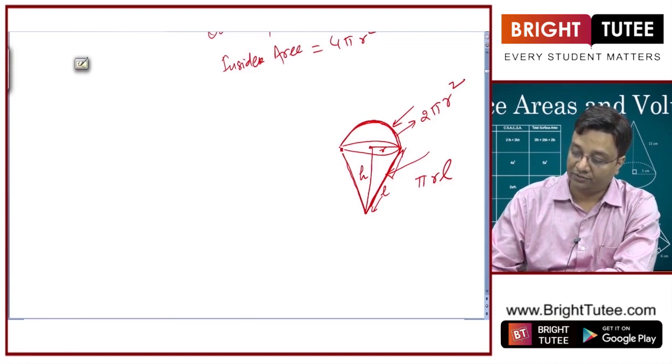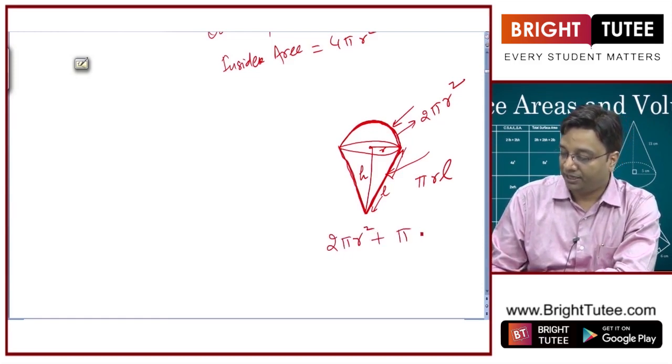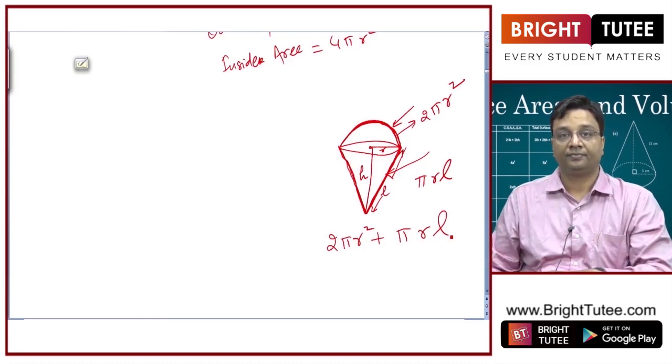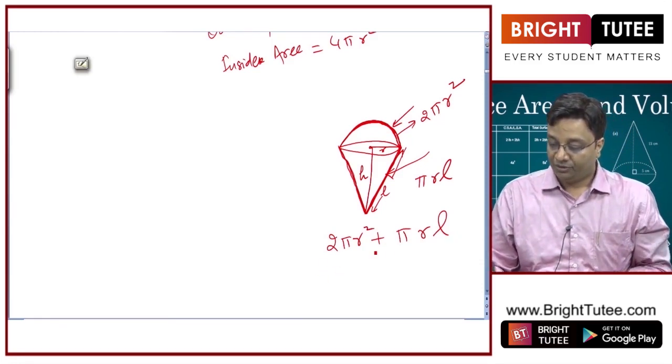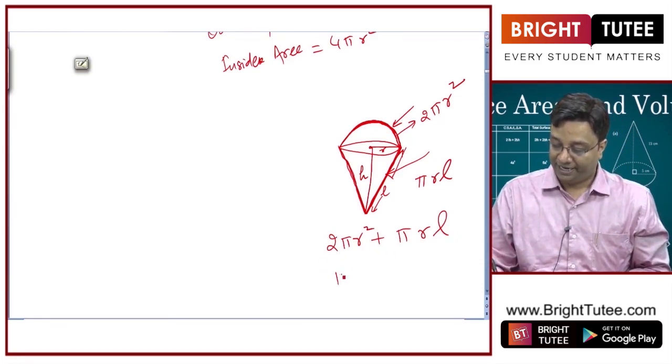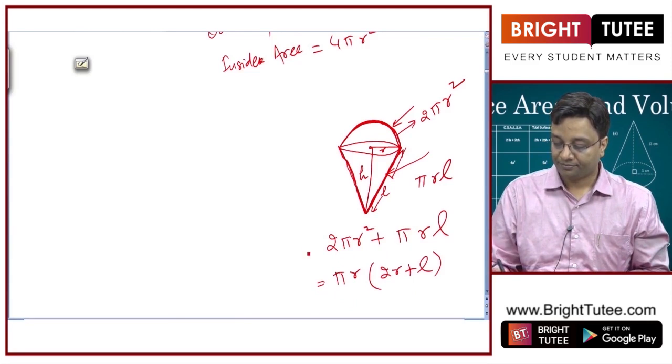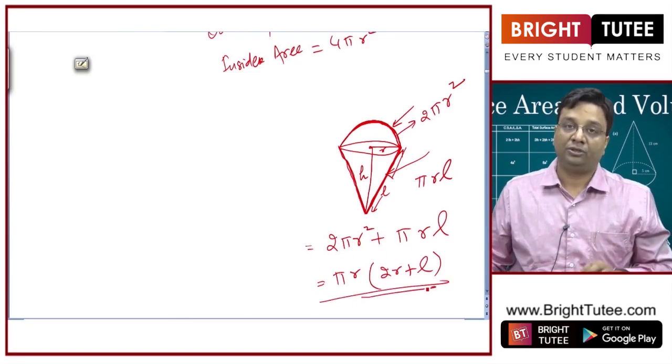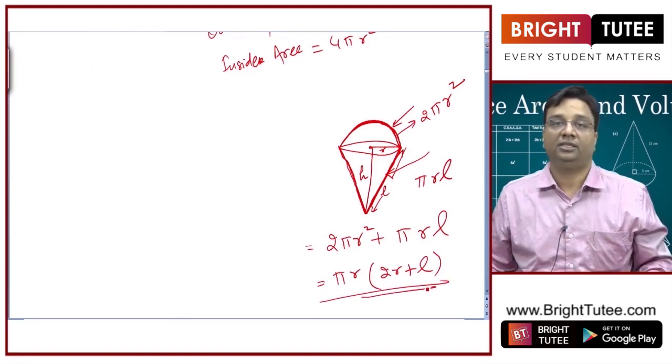So the total surface area of this shape will be 2 pi r square plus pi r L. If you take pi r common, you can write it like this, pi r times 2r plus L. So we will talk about various combinations of solids in this chapter.